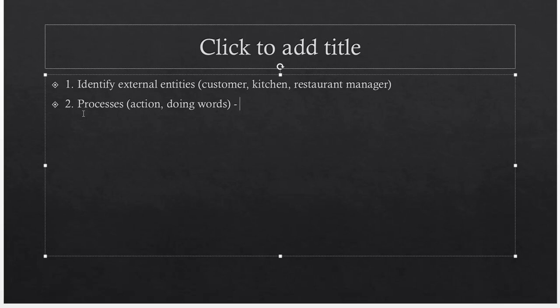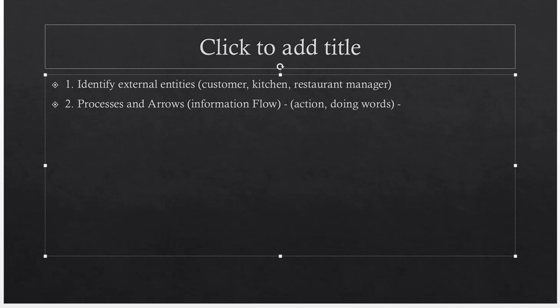So these will now become your processes, or arrows showing the information flow. That's what you're now trying to identify, and these are shown by the actions or doing words that are in the statement.